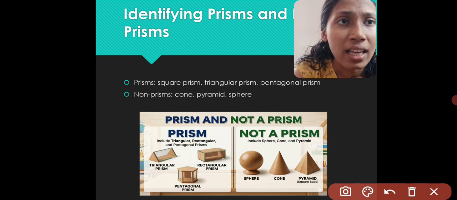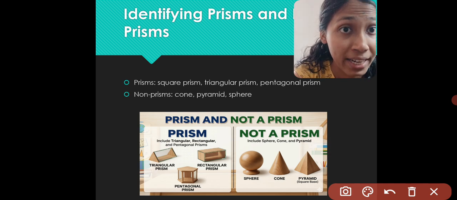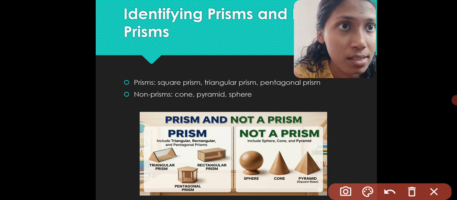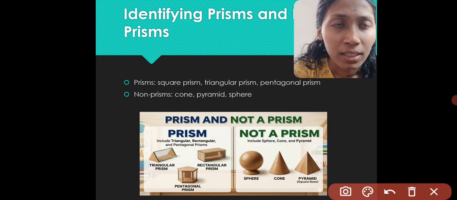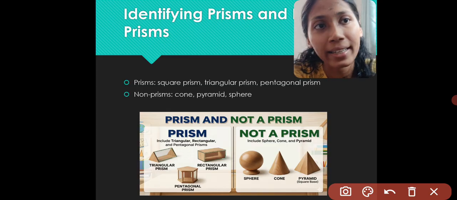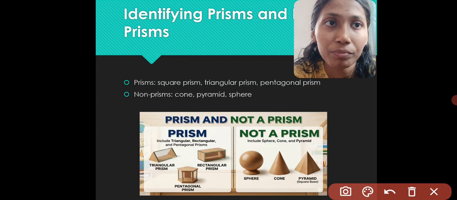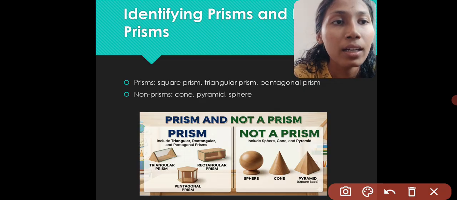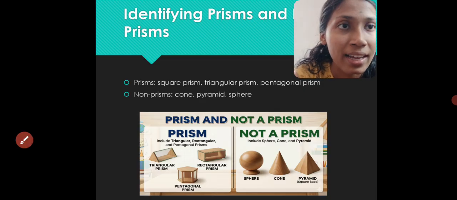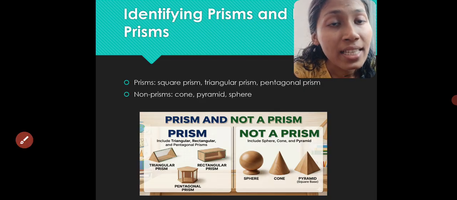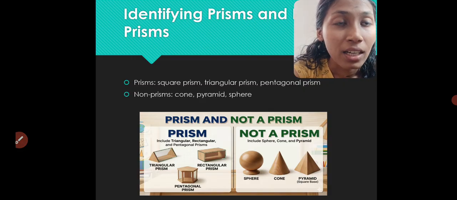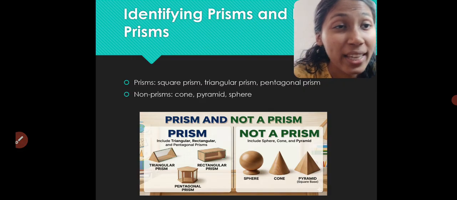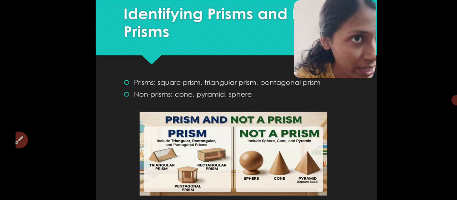From this, how do we categorize these things as prisms and these as not prisms? Give it a try. Try to think of the criteria. These three pictures have same-looking, alike bases connected with straight edges.